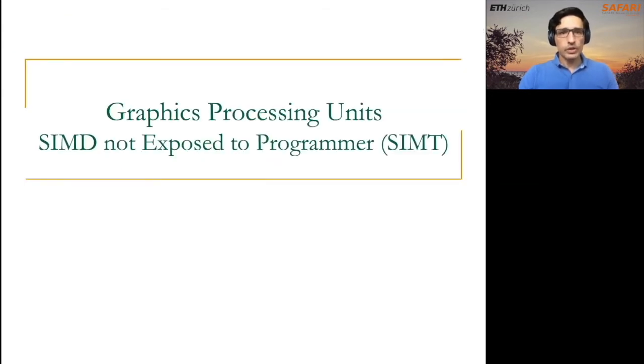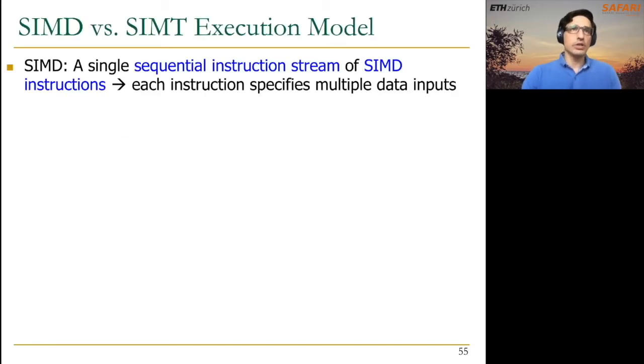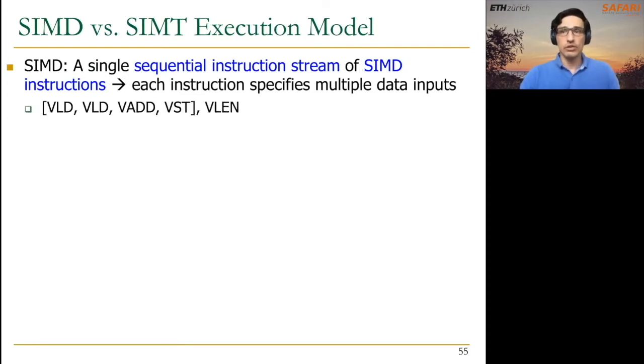Okay. So graphics processing units are SIMD not exposed to the programmer. It is a SIMT execution model. In the conventional SIMD, what we have is a sequential execution stream of SIMD instructions. So in reality, we have a single thread, and this thread executes vector instructions or SIMD instructions, like for example, vector load, vector add, vector store, etc. And we have a vector length, which is the width of our SIMD engines.